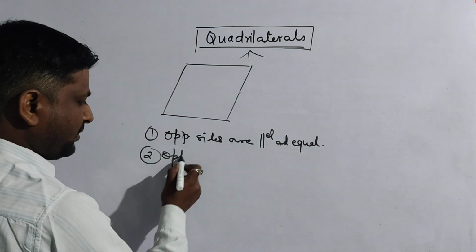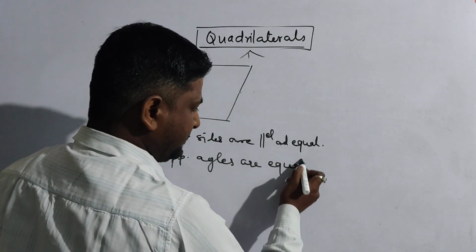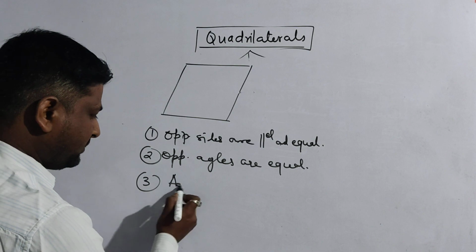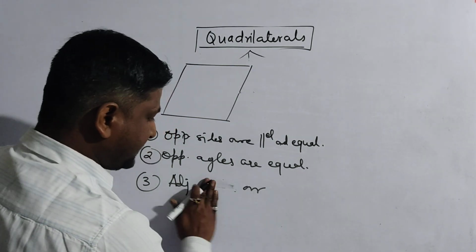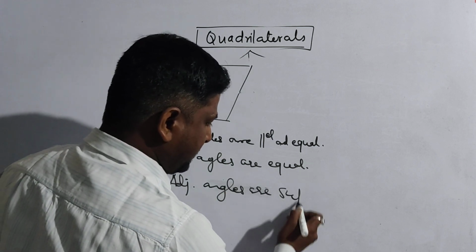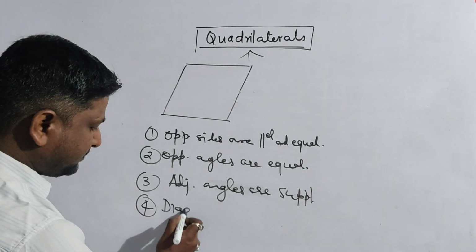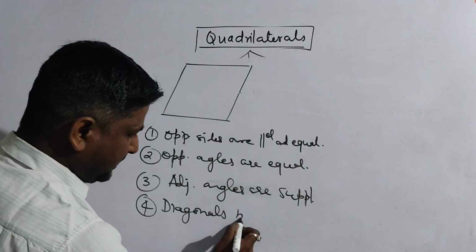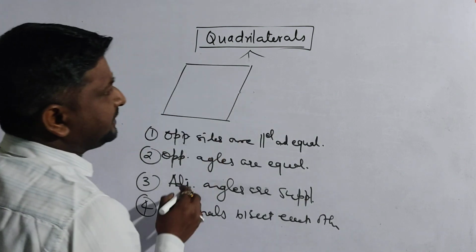Second, opposite angles are equal. Third one, adjacent angles are supplementary. And fourth one, diagonals bisect each other, right?